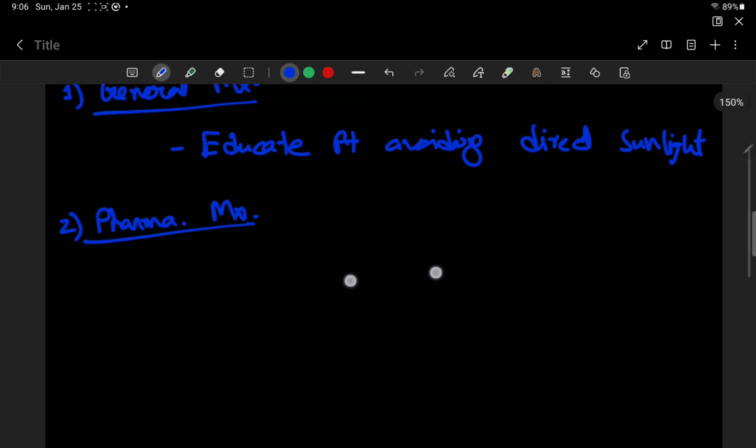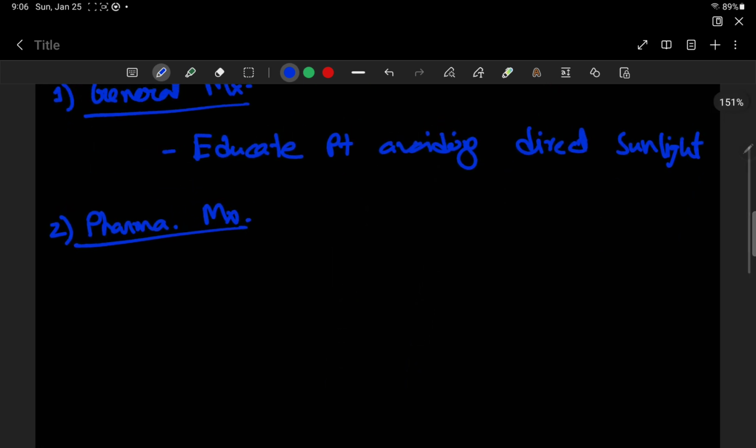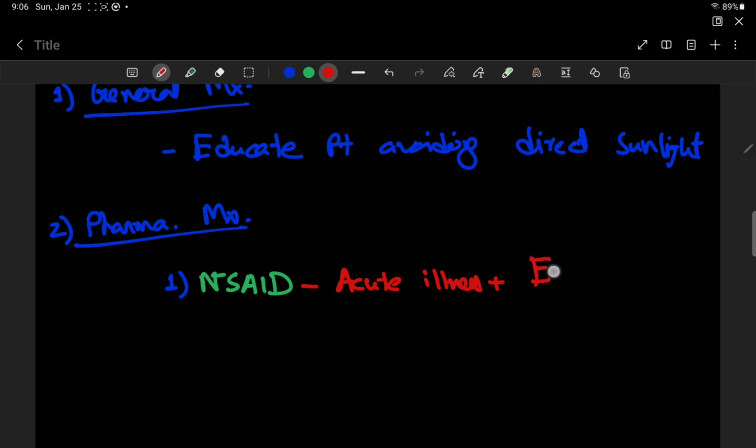In pharmacological management, the drugs. At first we'll go for NSAID, which you will use if the patient has come to you with acute illness and there is erythema nodosum.